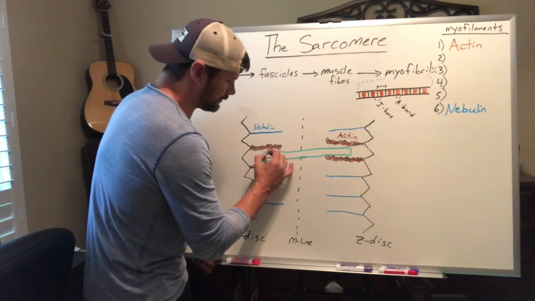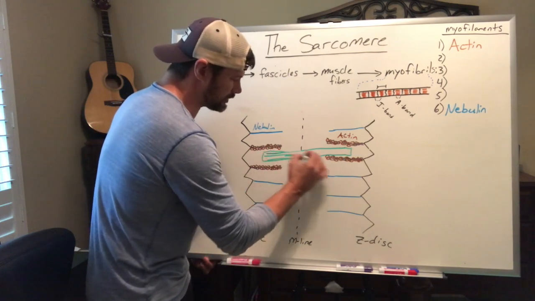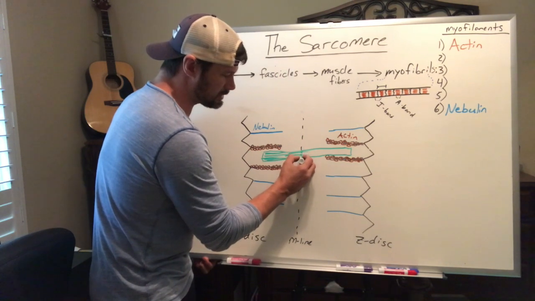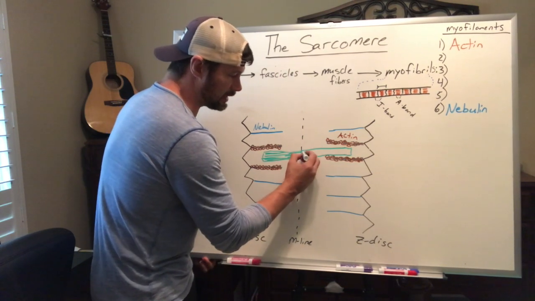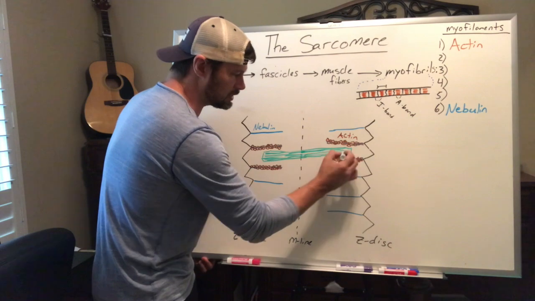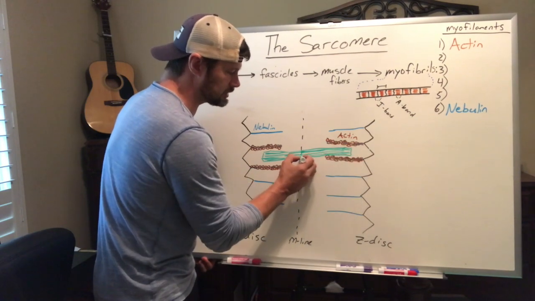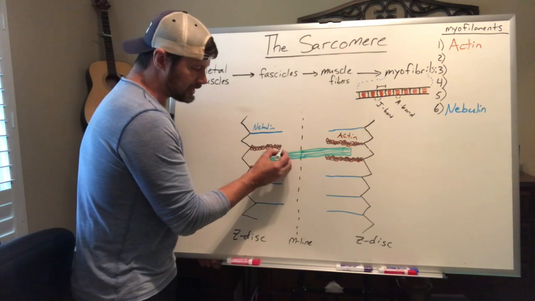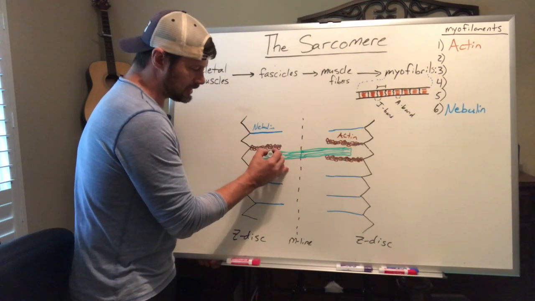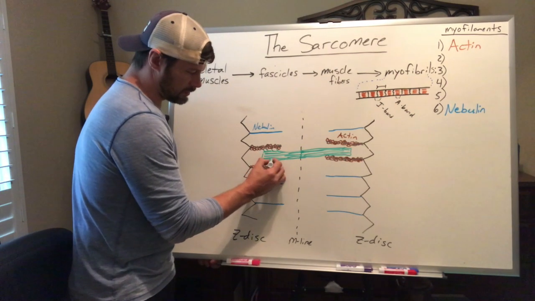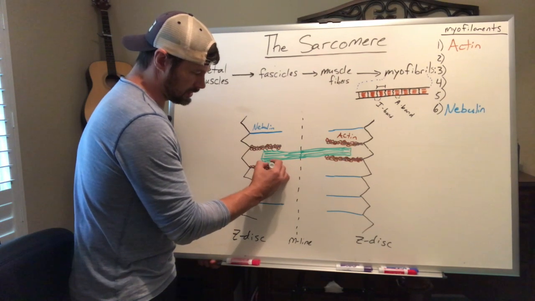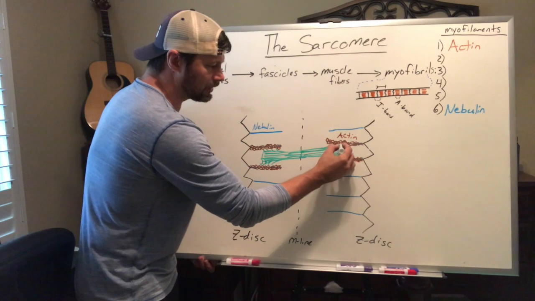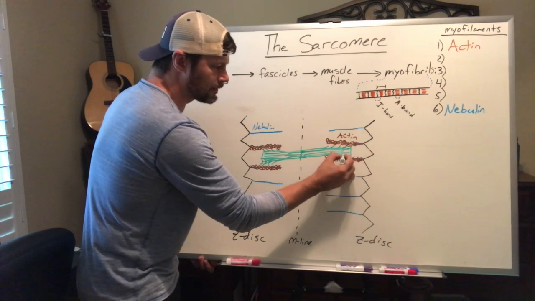It's made up of multiple myosin tails, which are these big long strands of proteins that attach here on the end line. And then they go the other direction. Each one of these myosin tails attaches on the end line, and every one of those myosin tails is going to end up extending up and out. It's going to end in a little head that we call the myosin head.